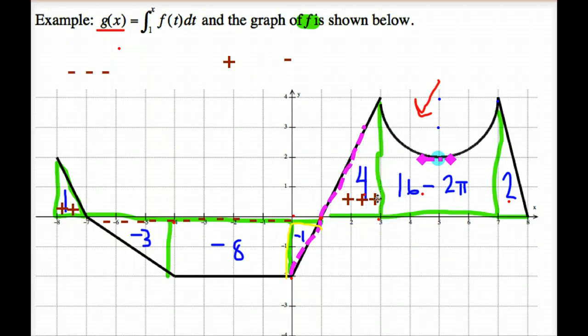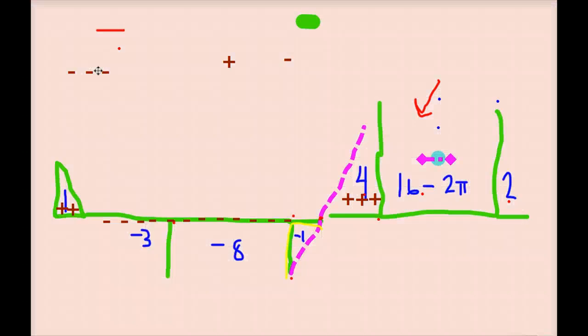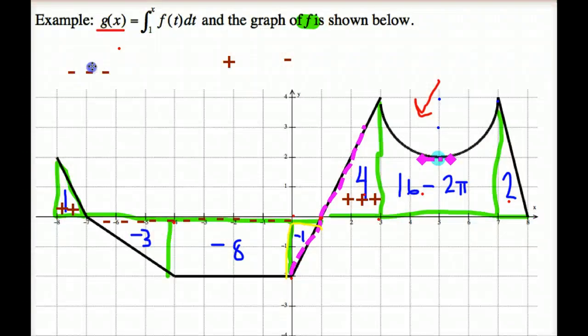I'm going to copy this, and then we see copy, copy, copy. Everything up here is positive, right? Do you remember what this meant? Don't the positives mean I'm increasing?